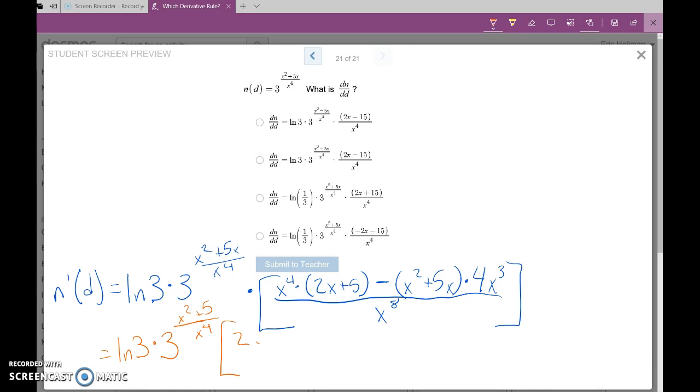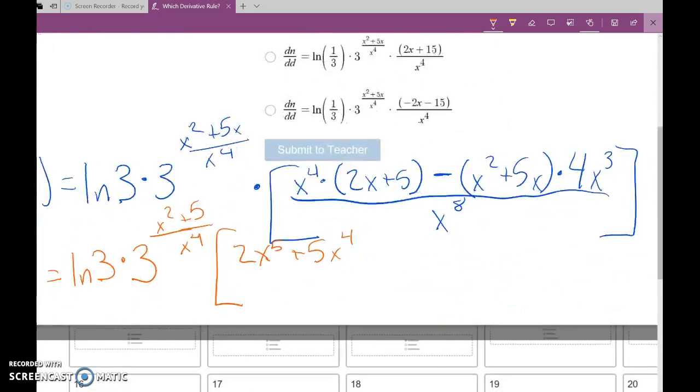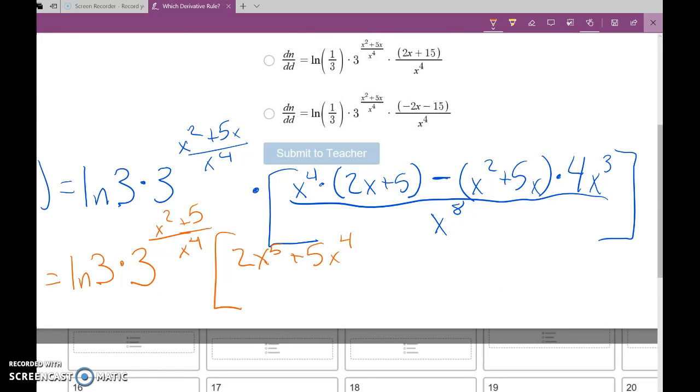You get 2x to the 5th plus 5x to the 4th. And then minus 4x to the 5th. I distributed the negative sign and the 4x cubed to the x squared, all in the same go there. Then we get minus 20x to the 4th, same deal, all over x to the 8th.